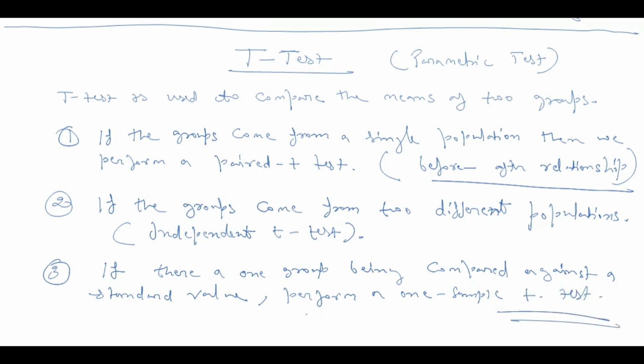See, it is clear from the name, one sample t-test. Why do we use t-test? We use t-test to compare the means of two groups, but here in this case we have only one sample, so that means we have only one mean. So in such a situation, we are always given some standard value which we want to compare with our sample mean, right?